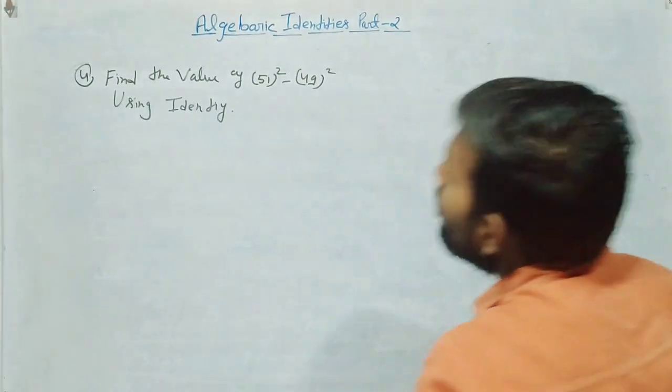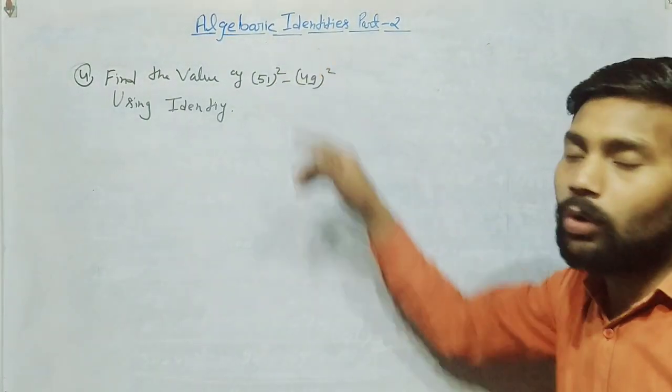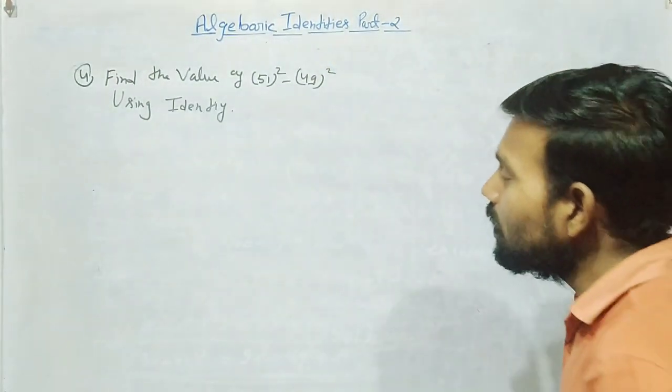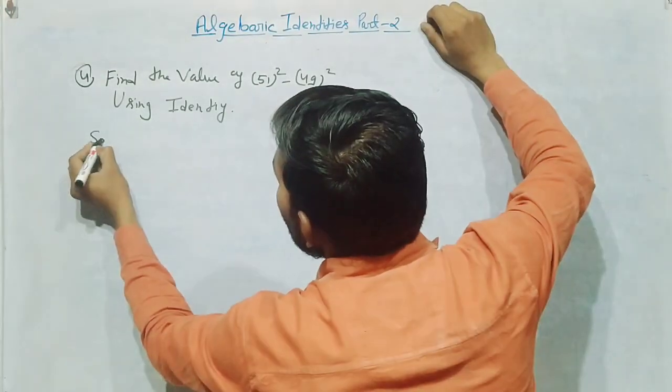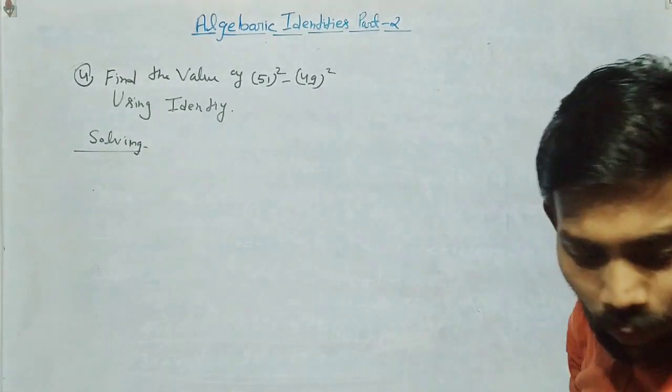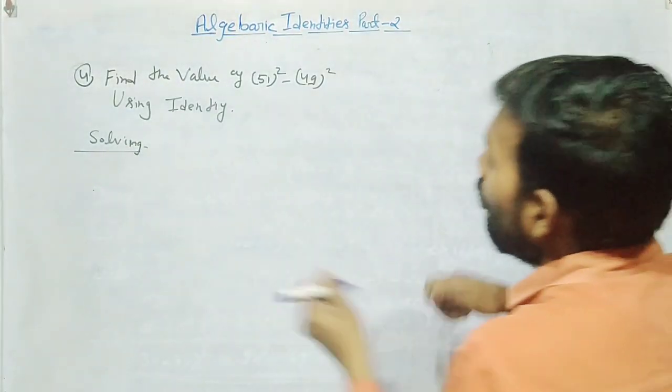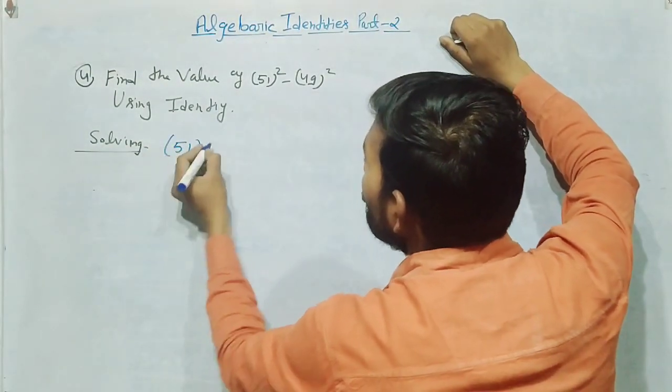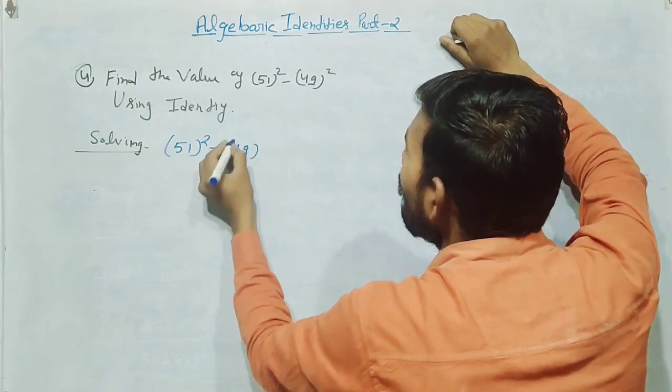By using identity, we have to find the value of 51 to the whole square minus 49 to the whole square. So now solving, we have to find the value of 51 to the whole square minus 49 to the whole square.